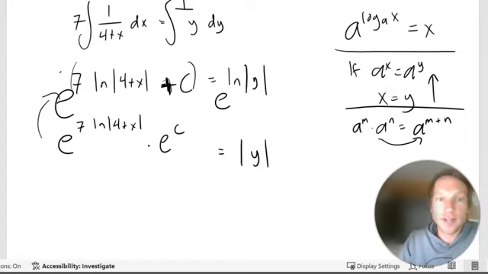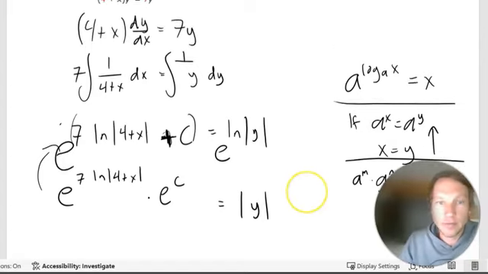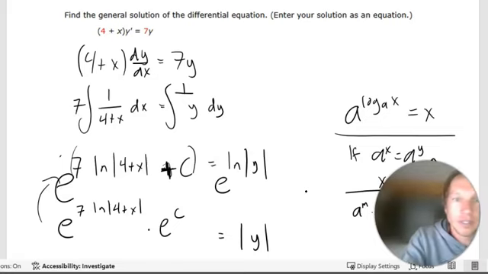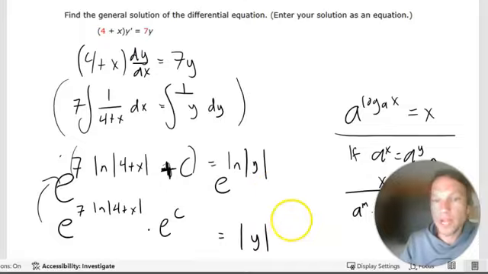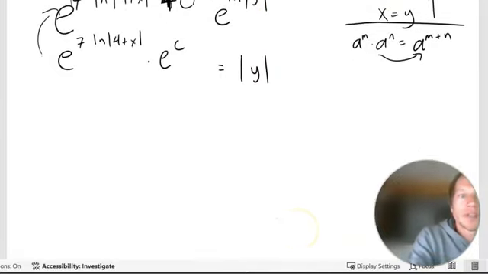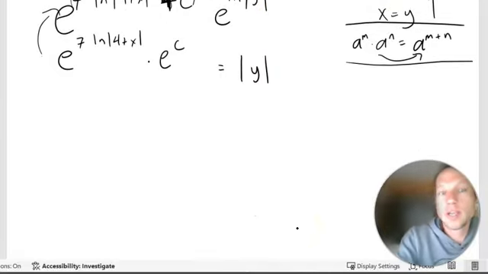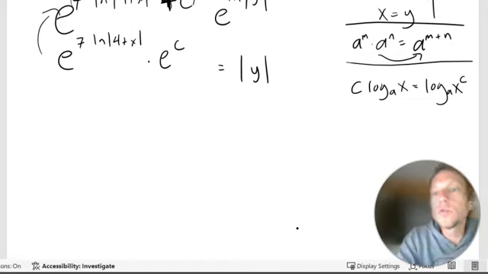Like I said, the calculus is done. We did one step of calculus here, and now we're just doing a bunch of algebra to make this look nice. This 7, here's another property. Some constant times a log of any base, let's just use x here, is the same as the log of x to the power of c.